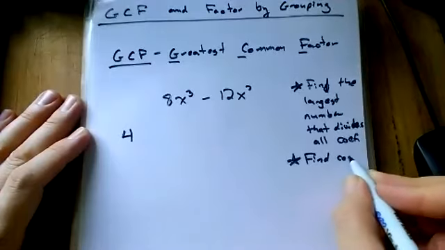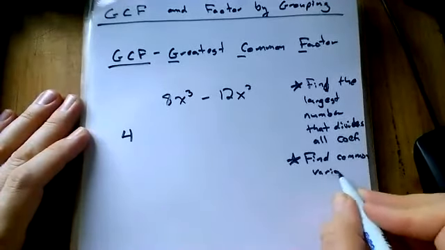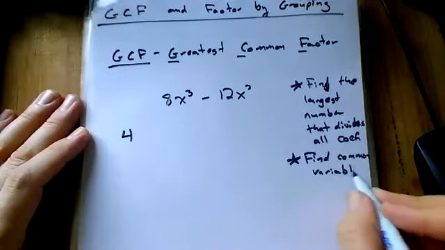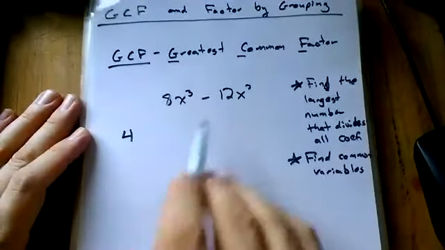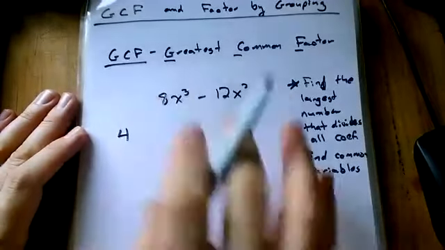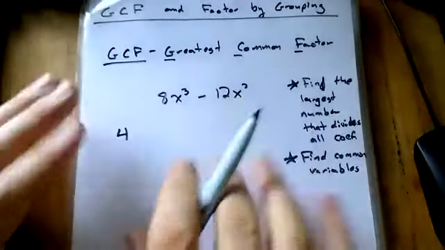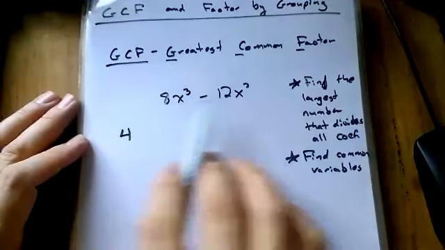find our common variables. And all it means to be common is that it's in all of them. When we talk about common factors, it's not that, oh yeah, this is something that's kind of ubiquitous. It's something that's in all of them.